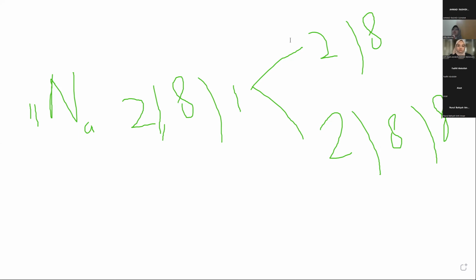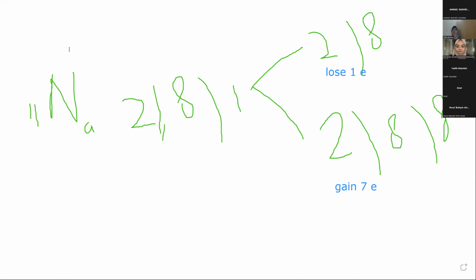In this 2 and 8, it is lose 1 electron, but here 2, 8, 8 is gain 7 electrons. Okay, do you understand my whiteboard? So how do you think?